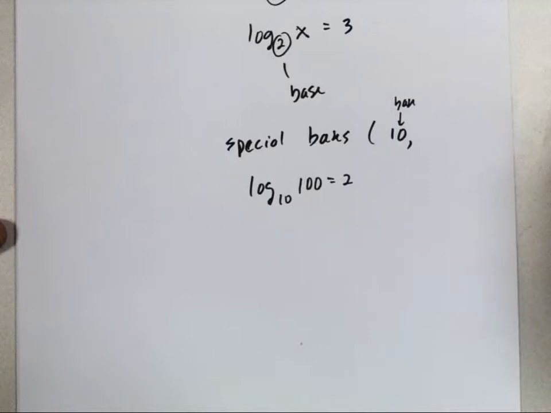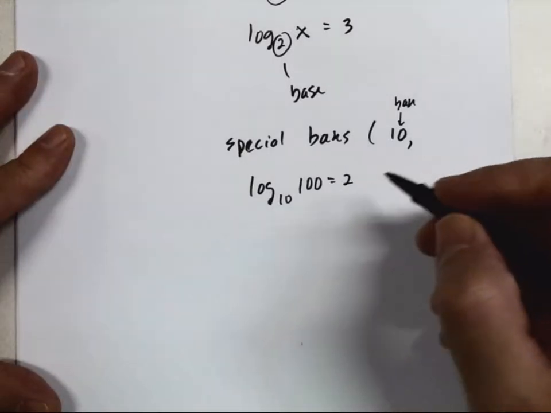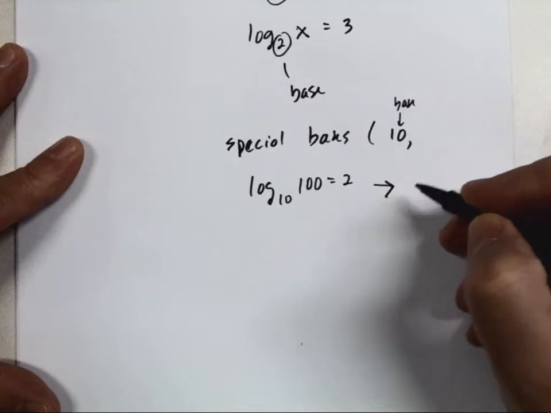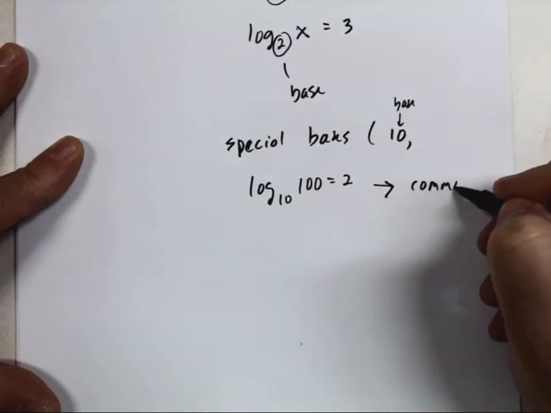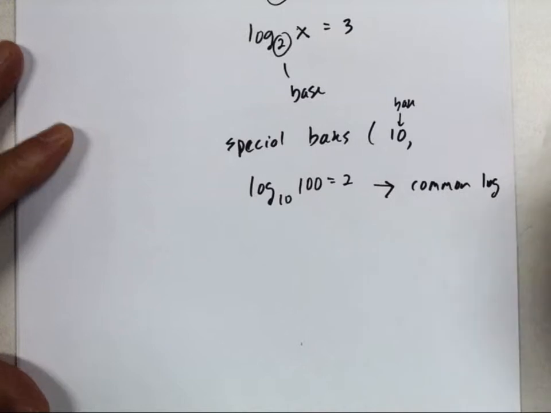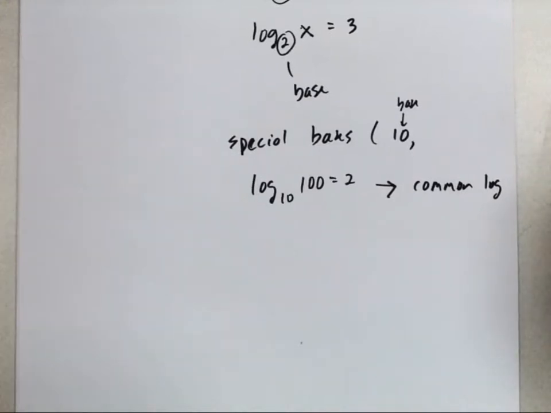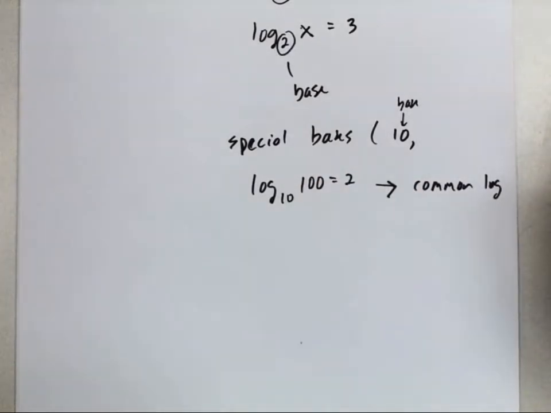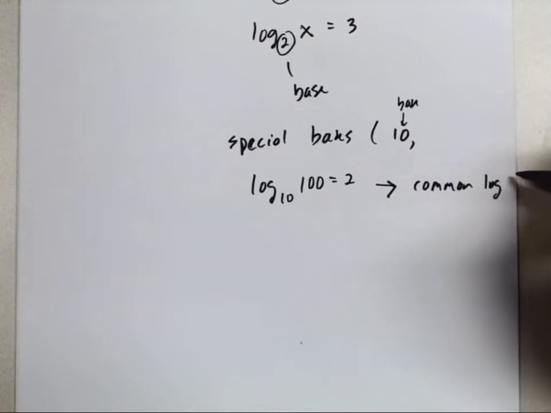Here's what happens when you have log base 10. Log base 10 has another name. It's also called the common log. I guess it's that way because log base 10 is the most common log that's used. Log base 10 is used a lot, more than any other base. So they call it a common log.